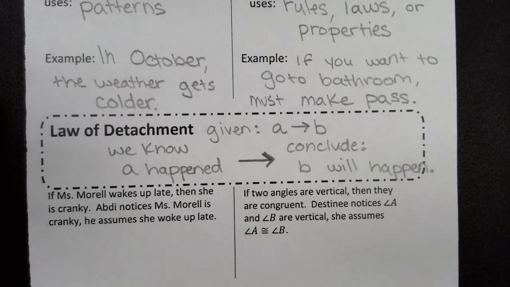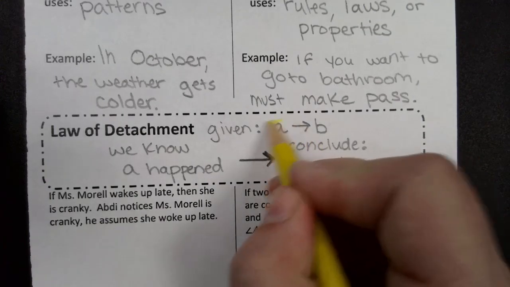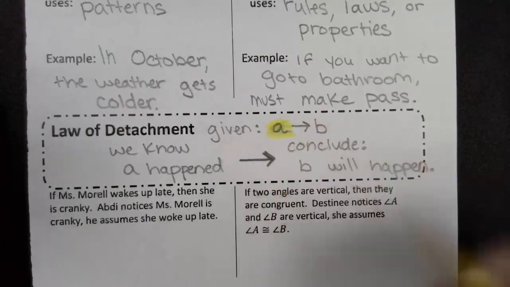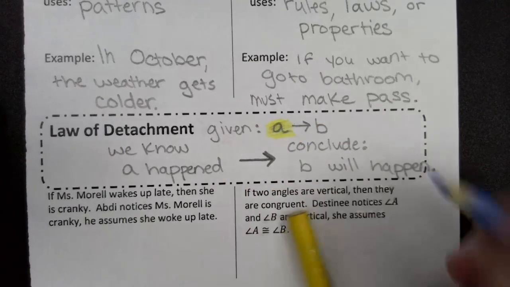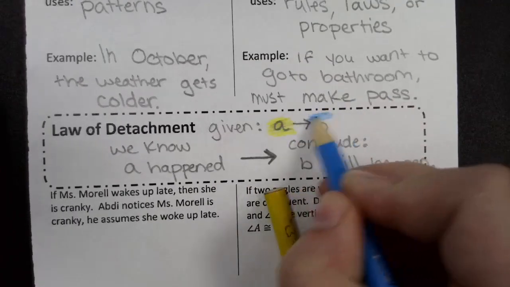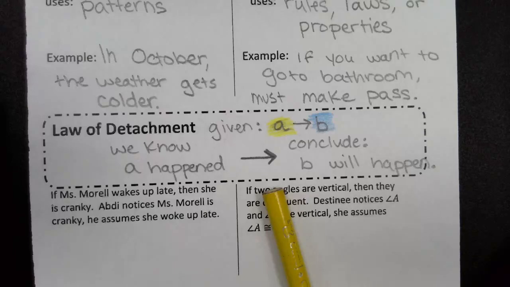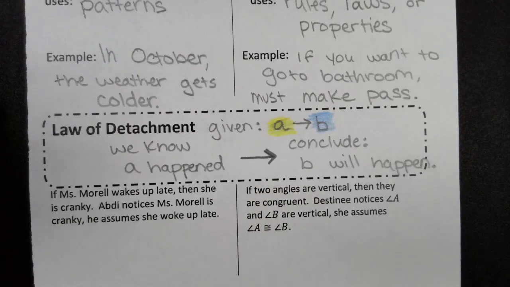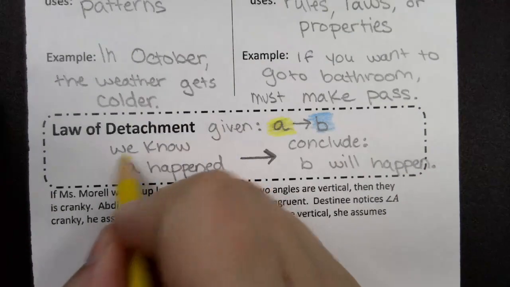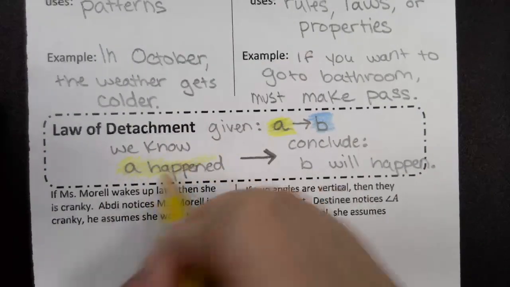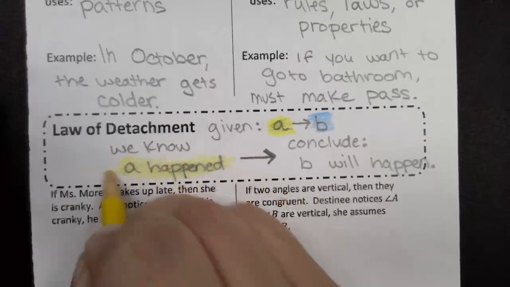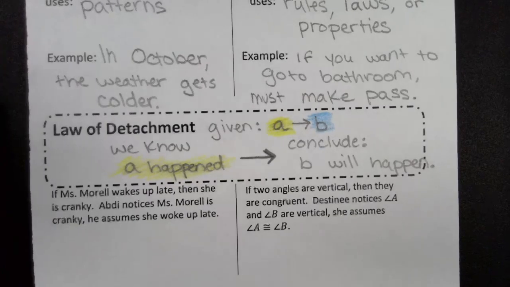If you want to use some colors, I'm going to color code my A as yellow and my B as blue. This would be a good day to use highlighters if you'd like to. Okay, we know A happened. That's in the past, or it's happening as you see it. We're finishing this last lesson as you're here.